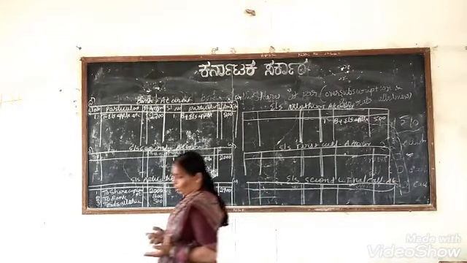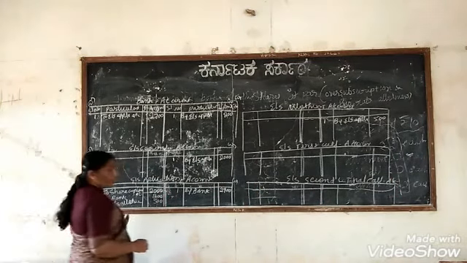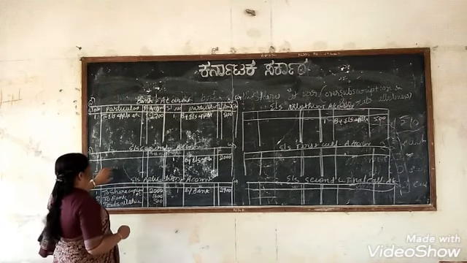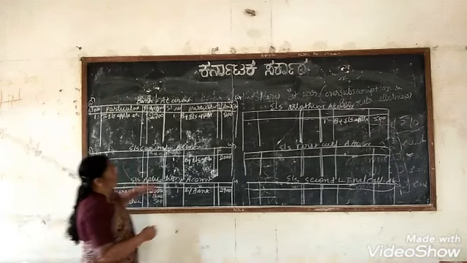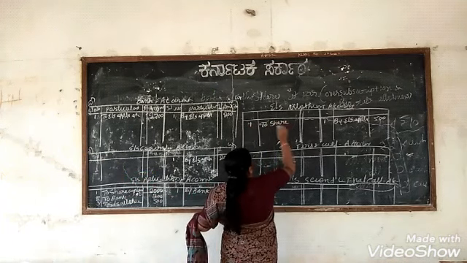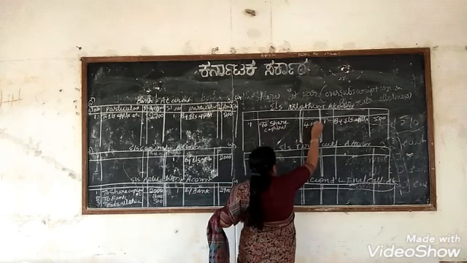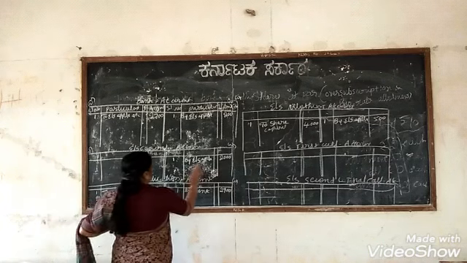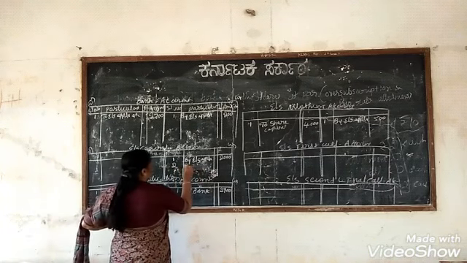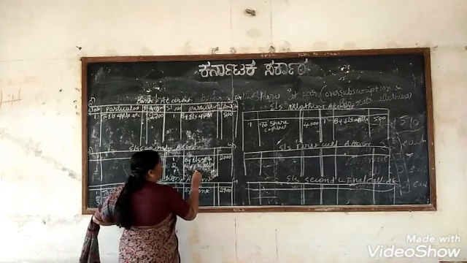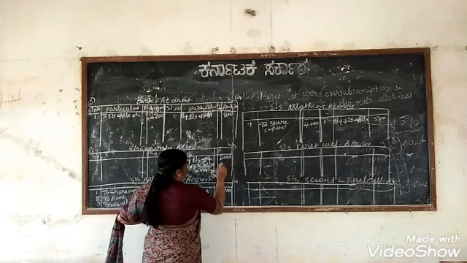Okay, next we go for allotment. What are the entries? First, equity share allotment account debtor to share capital account, 4,000. This is the fifth entry: by equity share allotment account, 4,000.